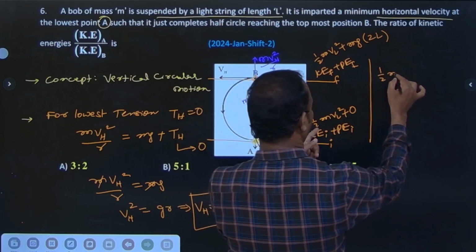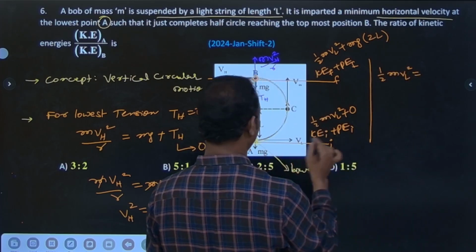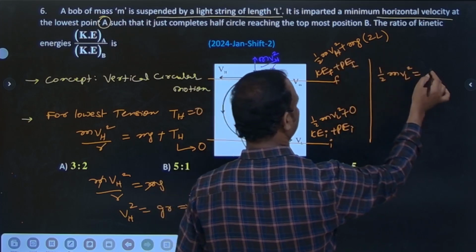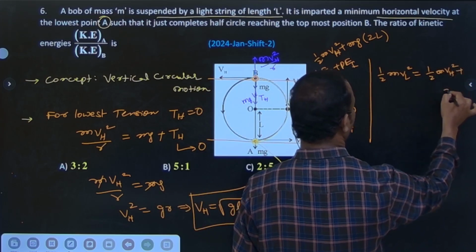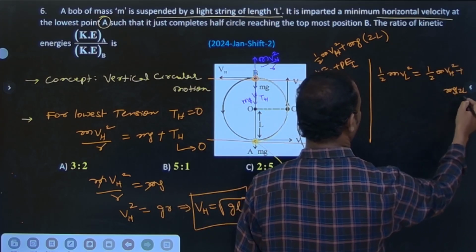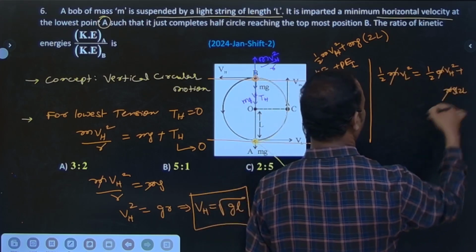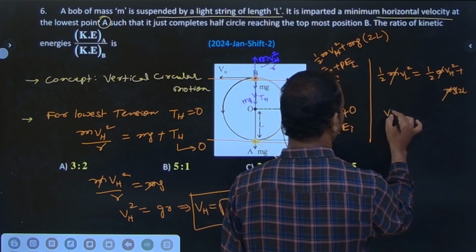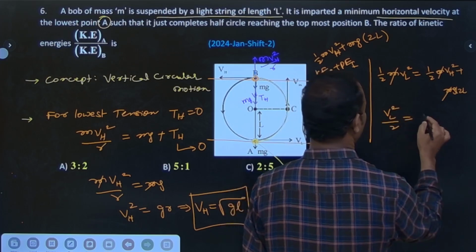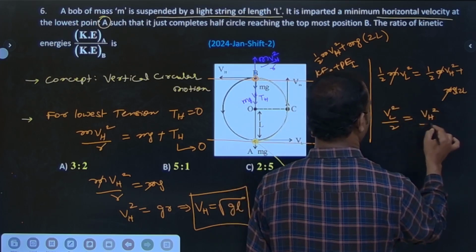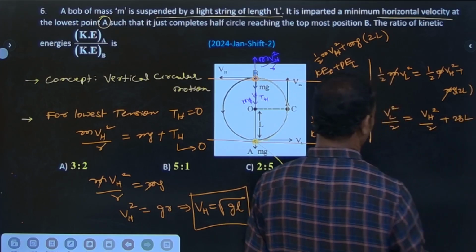Half m vL square is equal to half m vH square plus mg into 2L. Now m is common and cancels. So vL square by 2 is equal to vH square by 2 plus 2gL.